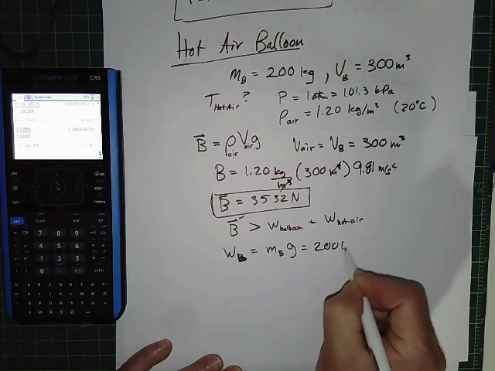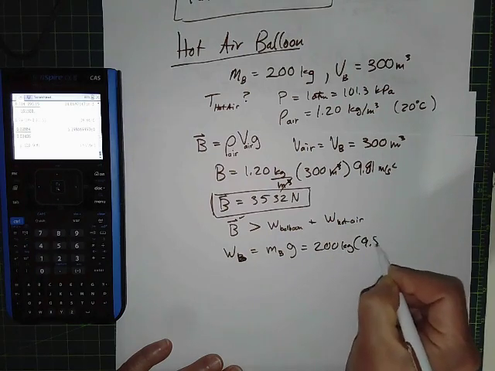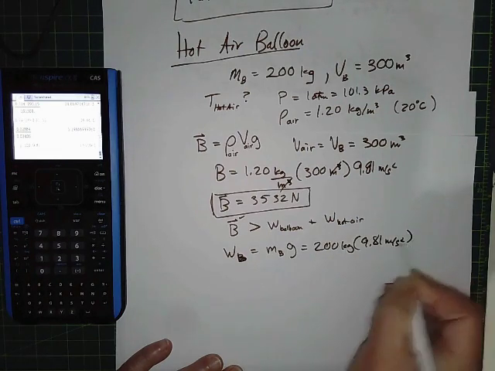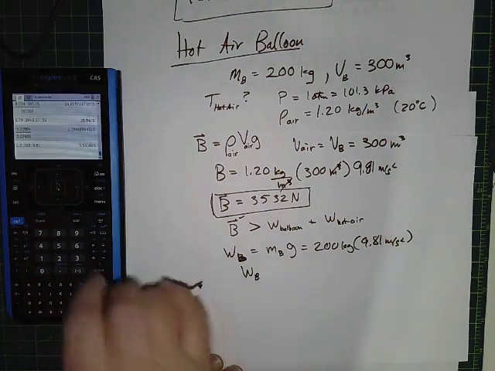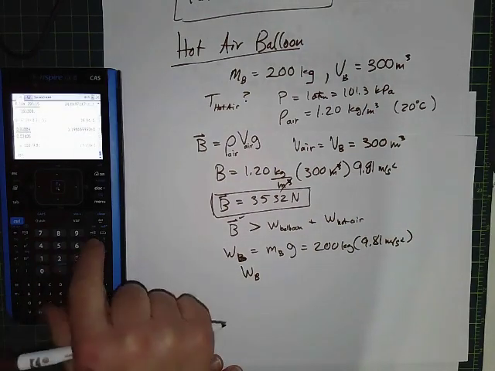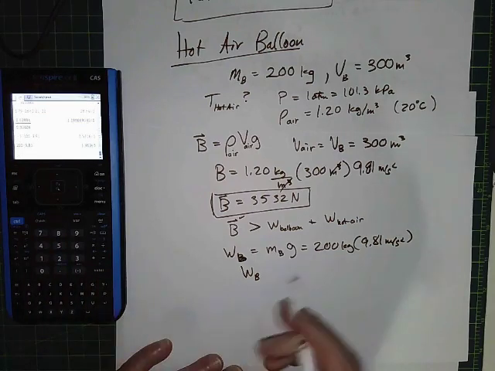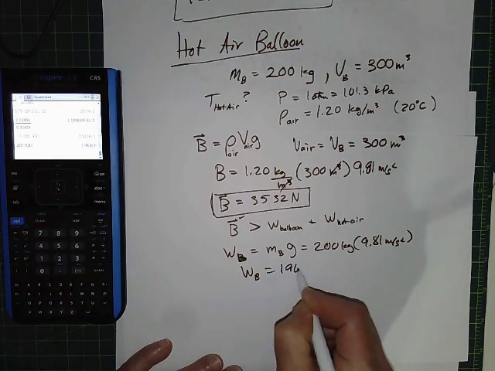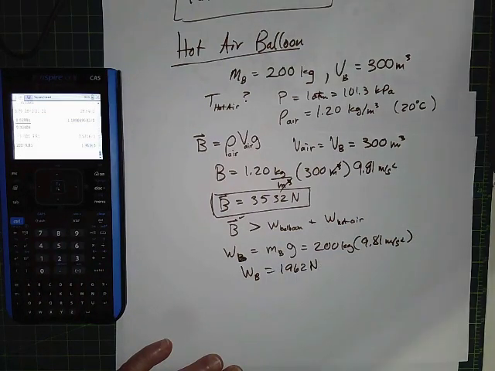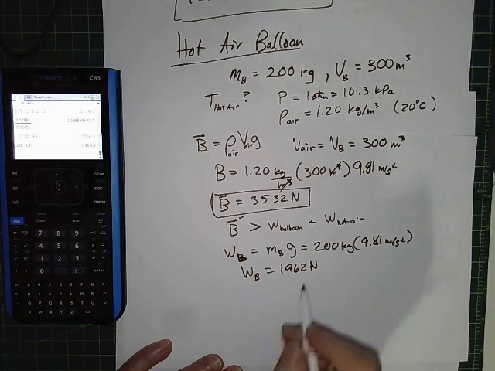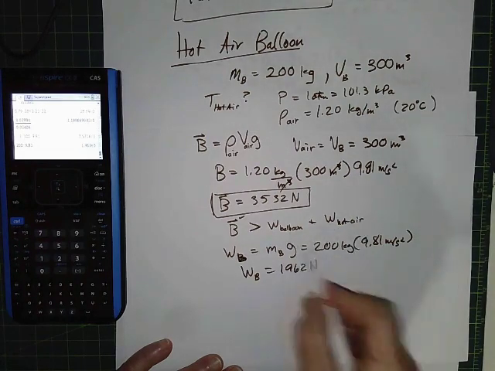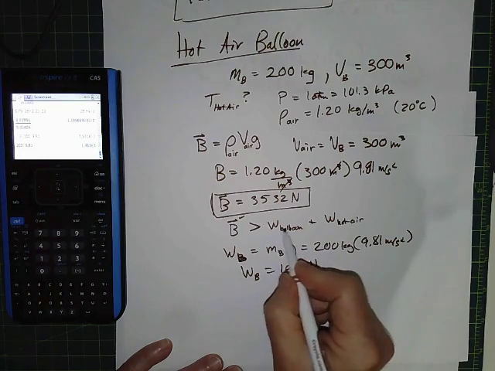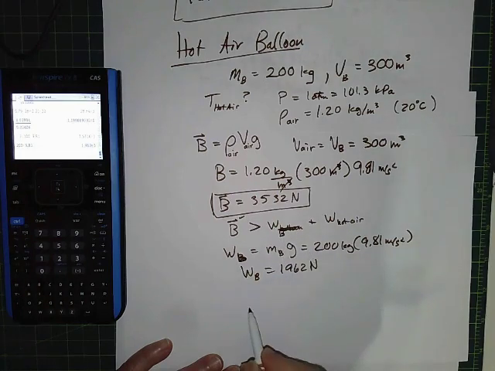So that's 200 kilograms times g. And so the weight of the load is 200 times 9.81, which equals 1962 newtons. Okay, so then we can rearrange this to get that. So this is what I'm calling WB.